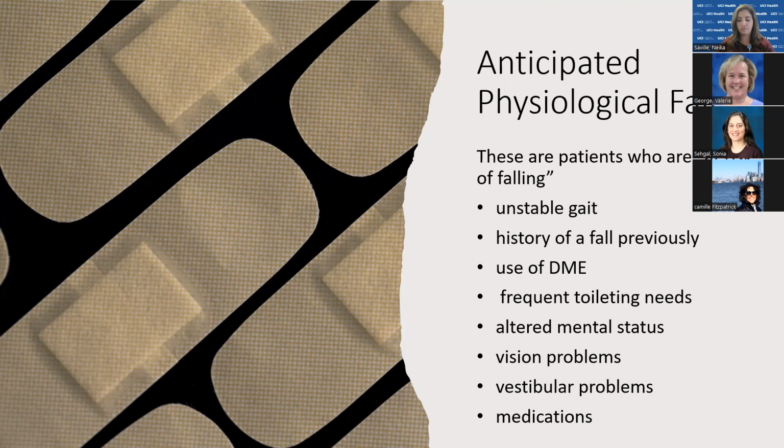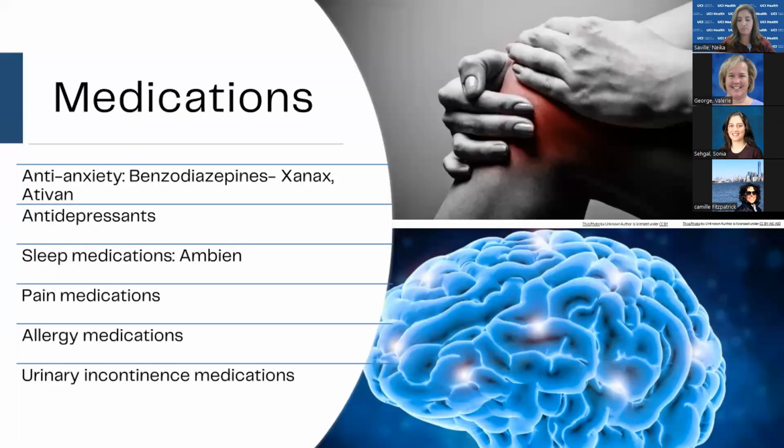And medications, we'll go ahead and go to the next slide. Medications are a big one. We all know that there are a lot of medications that are not good for older adults. I believe that Dr. Gervich has talked about this before, especially with the Beers criteria. I think that every medicine in the world is on that Beers criteria, and we just can't give any medicines that are not on that list.